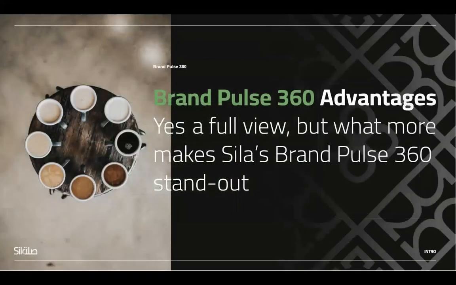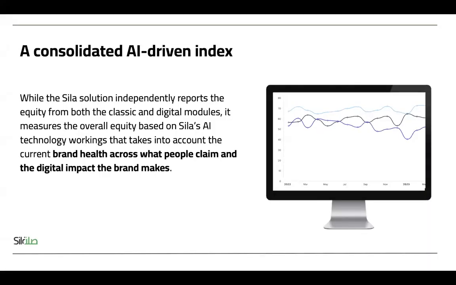So what are the advantages? Of course, the entire premise is that it gives you a full view. You're ensuring that you're not missing out on anything in terms of what people are saying about your brand. But what are the standout features when it comes to Sila's product solution around brand health tracking? The first one, something which I truly believe is one of the USPs, is the consolidated AI-driven index, which I briefly spoke about a couple of slides back.